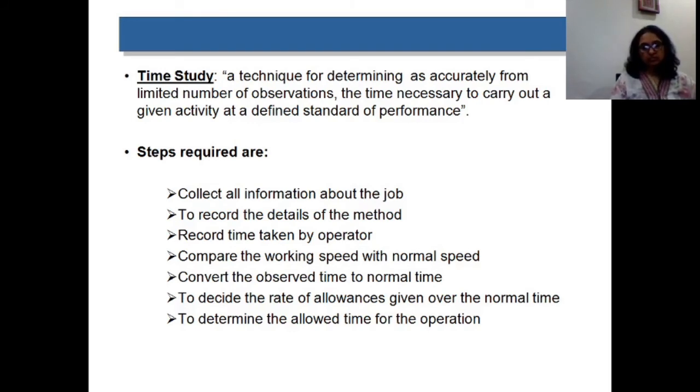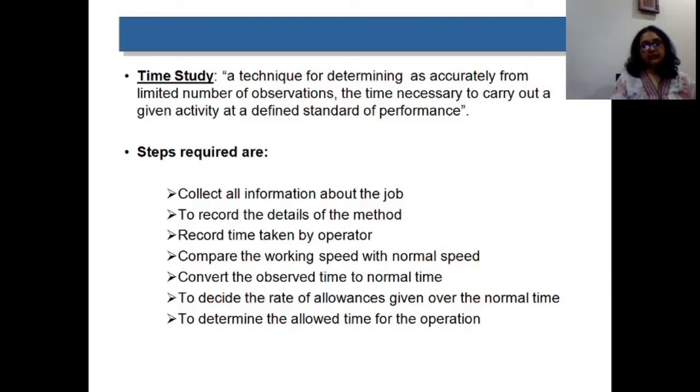The time is recorded with the help of a stopwatch, to see how much time the operator takes to do a certain task. The working speed of the operator is compared with the normal speed. Then, convert the observed time to normal time.